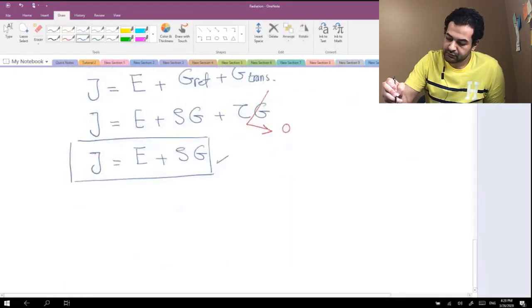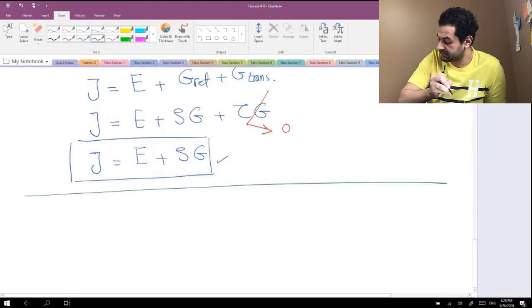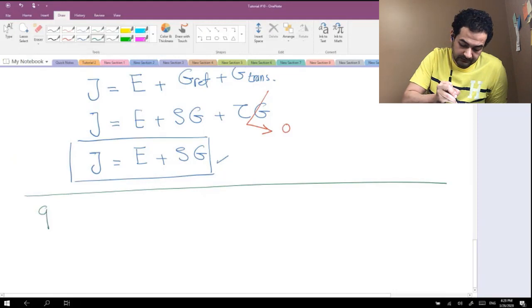And also, I just wanted to define another thing, which is the radiation flux.